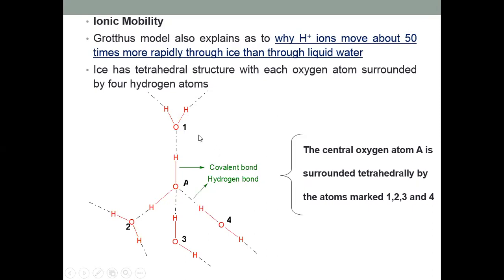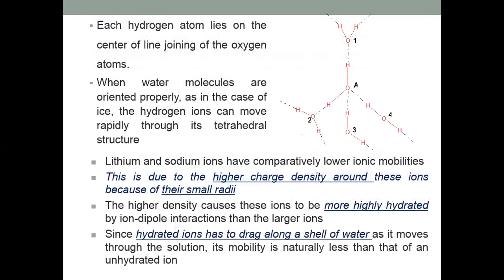Now the symmetry is such that this provides a fantastic movement for this H ions to move from one water molecule to other water molecule. And since the agitation within these different water molecules is less, that's why this movement of H ions is much faster here. Right. So this was about the movement of H ion in the water, which is a little bit special.